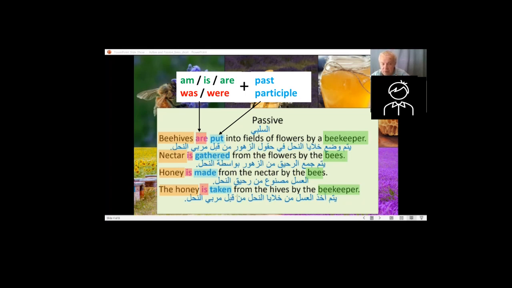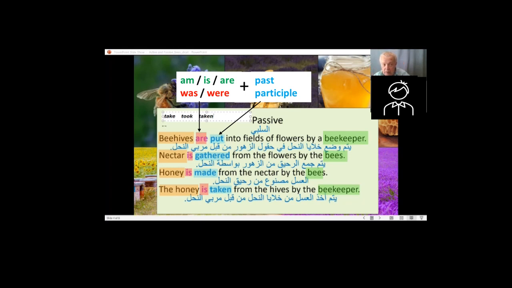Let's take, for example, the verb take. The three parts that we learn are take, took, and taken. In this passive form, we take that third part, taken, put it with a form of be, and that makes the passive verb.